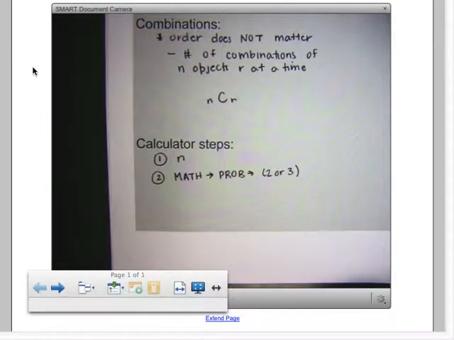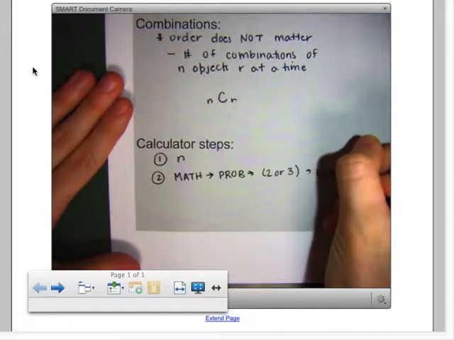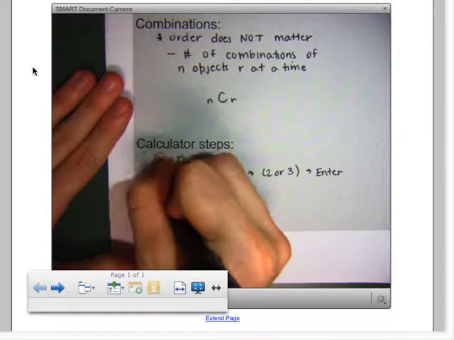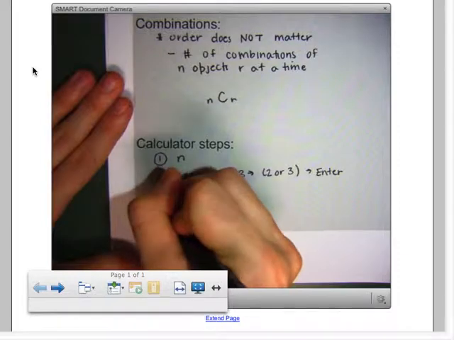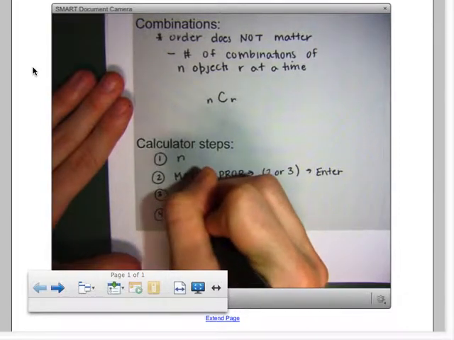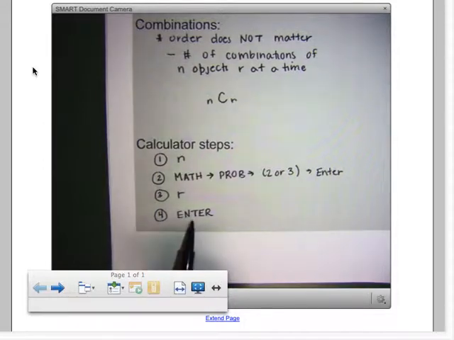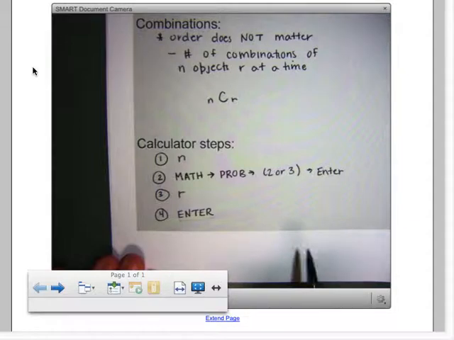Okay, it depends if I'm doing permutation or combination. And then I'm going to hit enter. Step 3, I'm going to enter whatever number r is, and then the final step I'm going to hit enter on the calculator and it'll tell me the answer. So you will not hit this final enter button until you have all 3 of them in a row on your calculator.